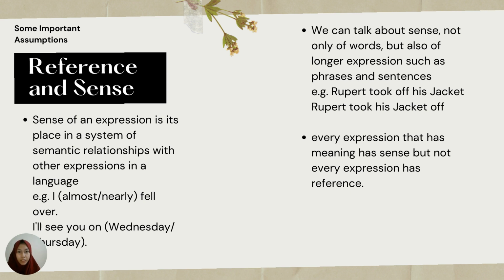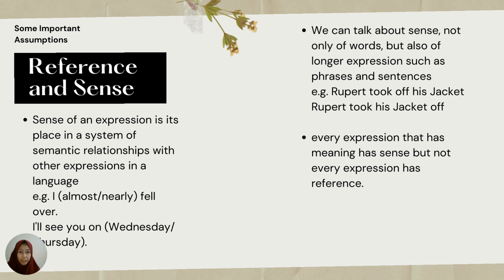The sense of an expression is its place in a system of semantic relationships with other expressions in a language. Example, I almost fell over or I nearly fell over. And I'll see you on Wednesday or I'll see you on Thursday.